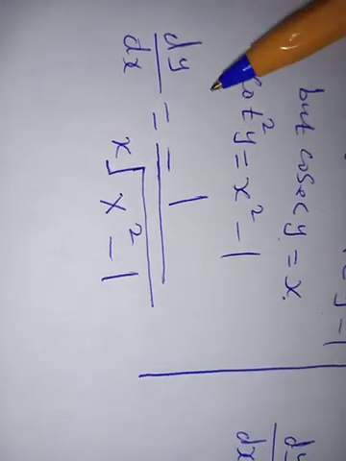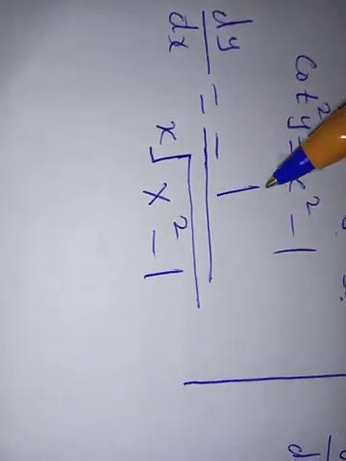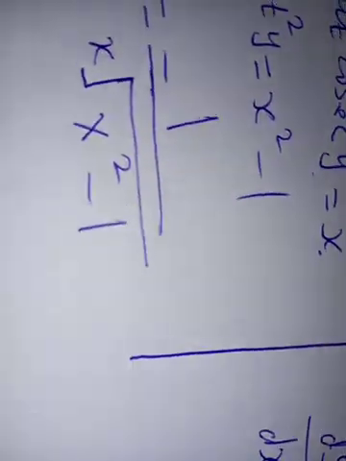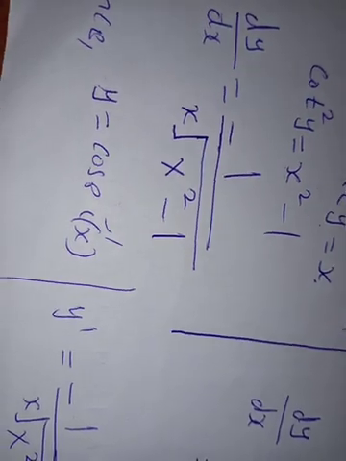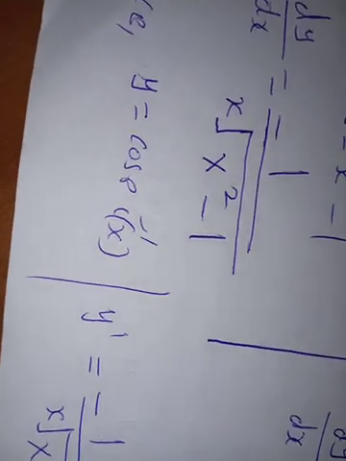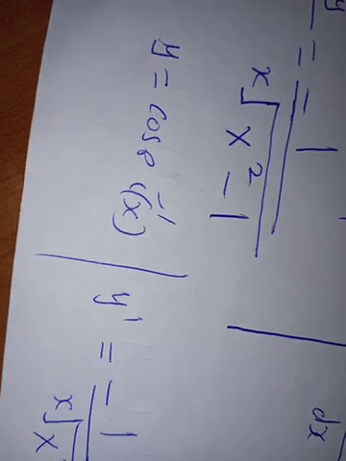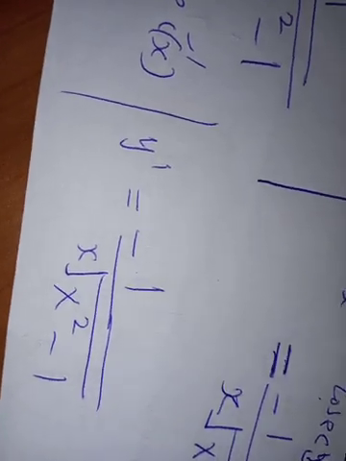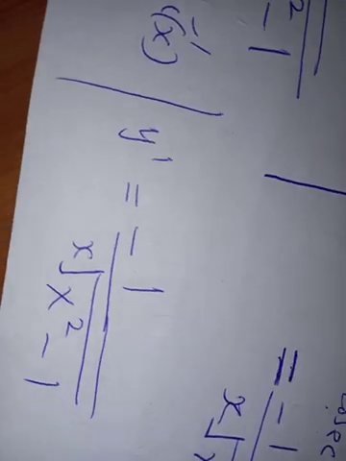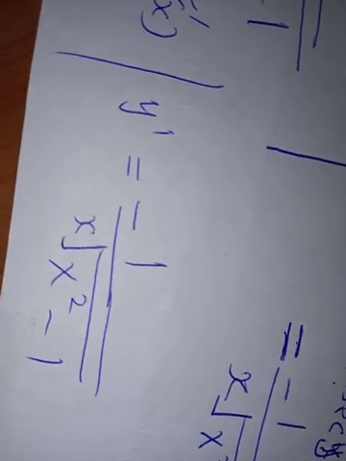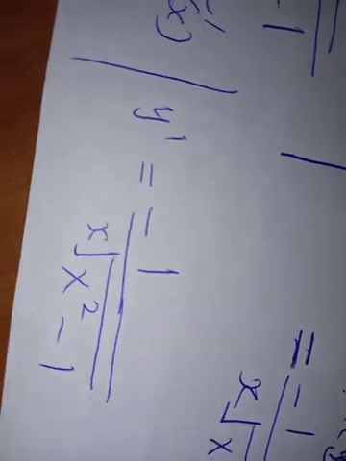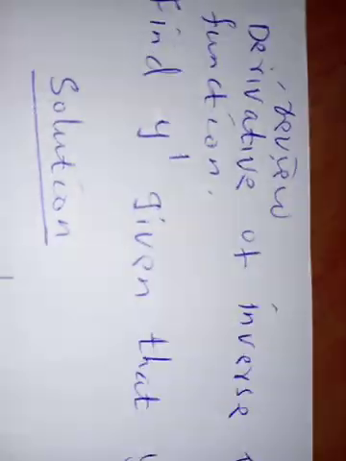So we will have dy over dx equal to negative 1 over x multiplied by that. So given cosec inverse of x, the derivative is negative 1 divided by x times the square root of x squared minus 1.